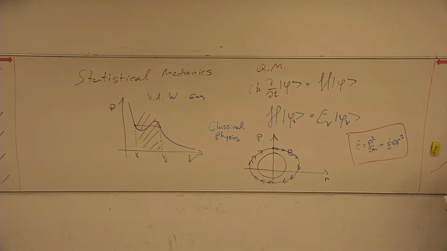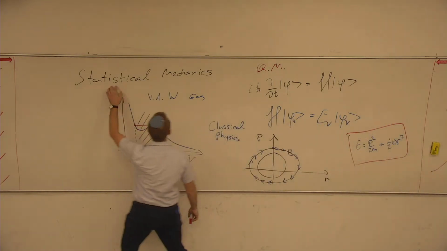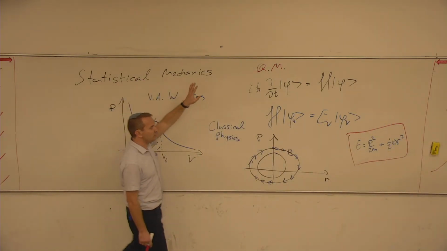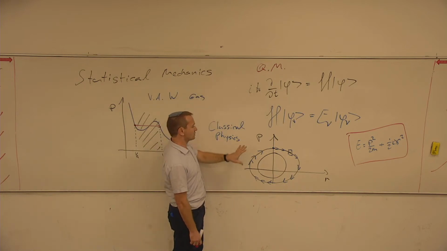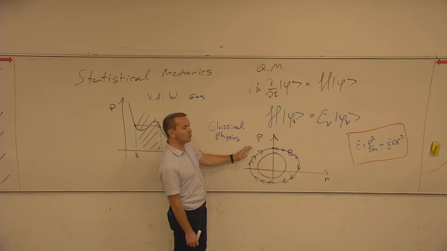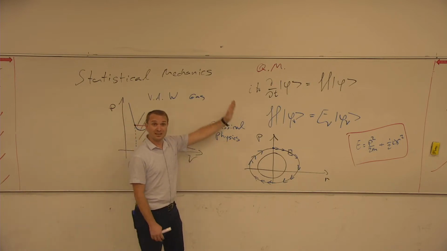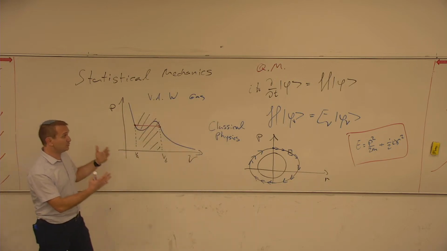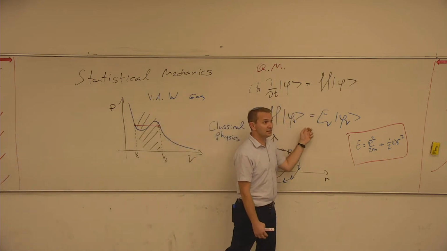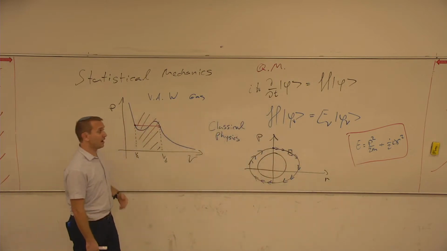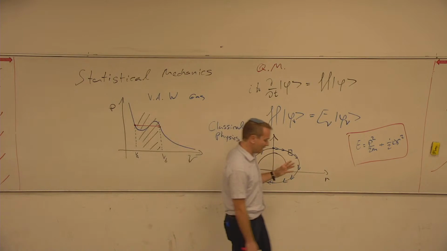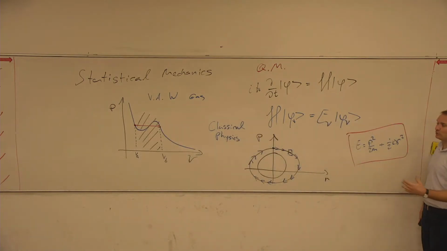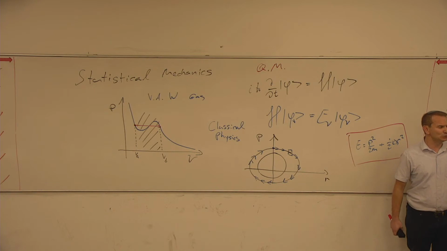So I cannot simply say I want to study statistical mechanics, which means I need to solve all my problems by solving some quantum mechanical equation or some classical physics equation. I simply cannot achieve those tasks. So in order to continue, I need to take into account that there are states, but I must also admit that I cannot fully solve any physical problem. I need to assume something about the behavior of the system, about what the different states look like.